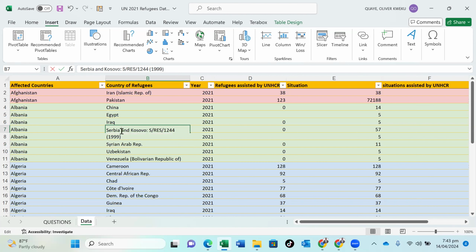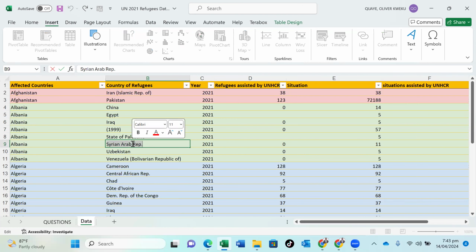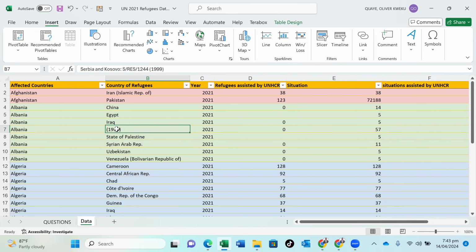Now, in this case, I don't know what the person was trying to write over here. But if I highlight the 1999, it is giving me a different name, if you can realize that. Highlighting the 1999 gives you Serbia and Kosovo, meaning that people from Albania, some were taken to Serbia and some were taken to Kosovo. I wasn't there. You weren't there either.